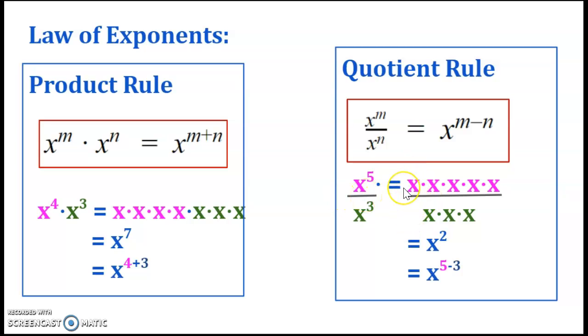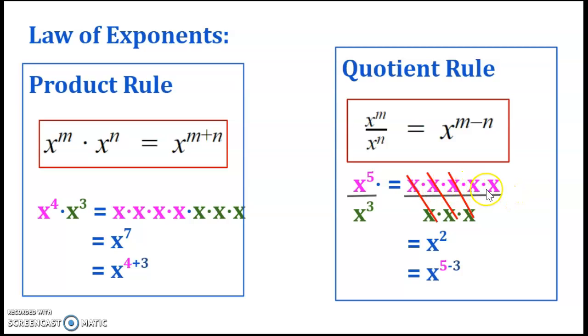So then what you can do is you see that x is being multiplied, then divided. So we can start canceling out the giant ones. x multiplied by x divided by x is just one here and one here. So you have 1 times 1 times 1 times x. So 1 times anything is just anything, right?